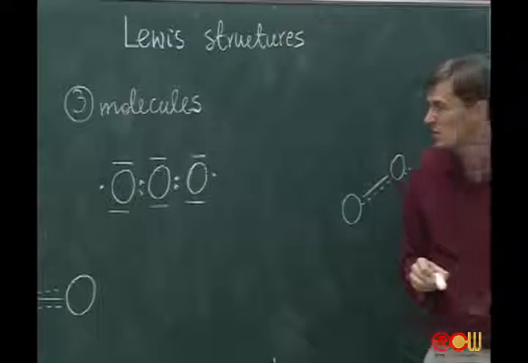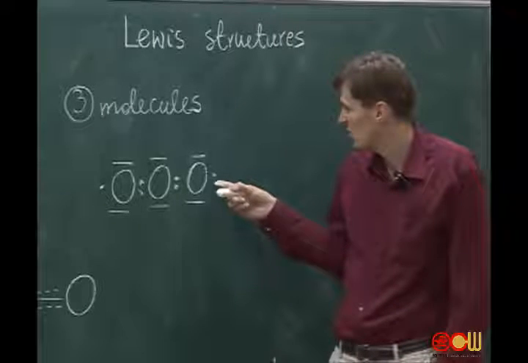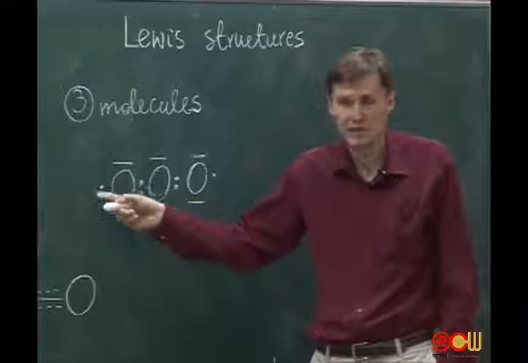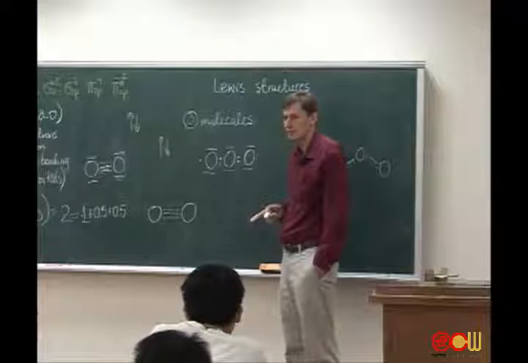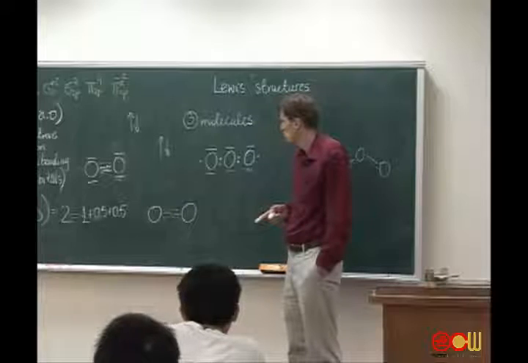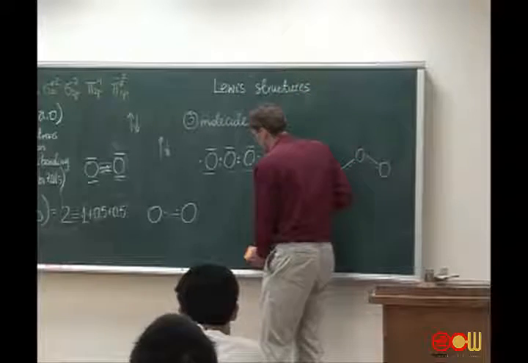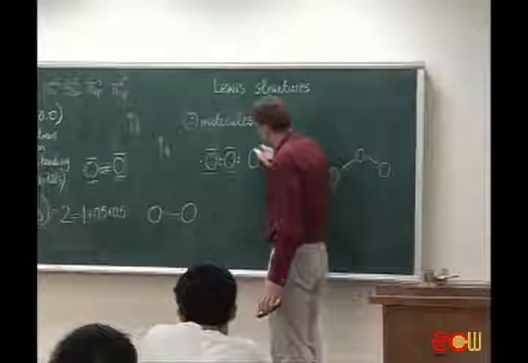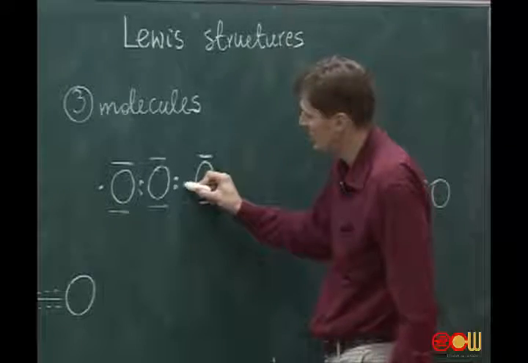But looking at this for a moment, this is not such a nice thing because this one has an unpaired electron and this one has an unpaired electron. But the real ozone doesn't have unpaired electrons. What to do then? Well, one way of proceeding is doing the following arrangement, saying that this unpaired electron is not on this side, but is on this side.